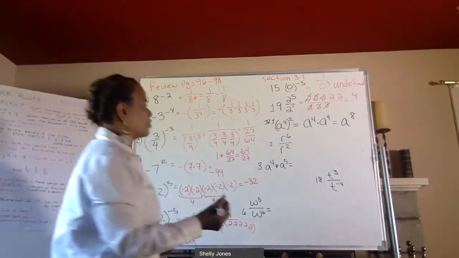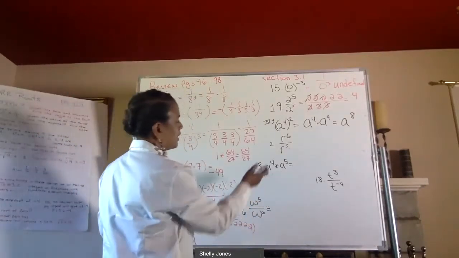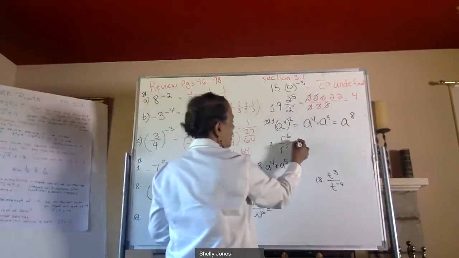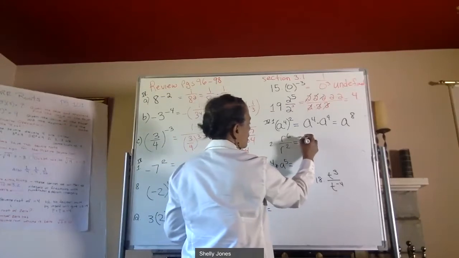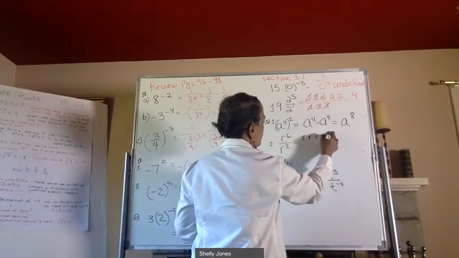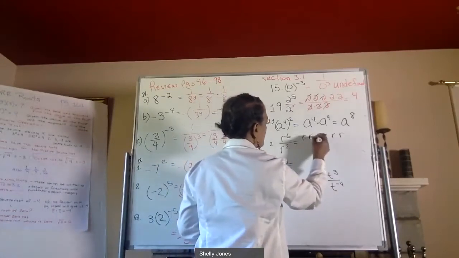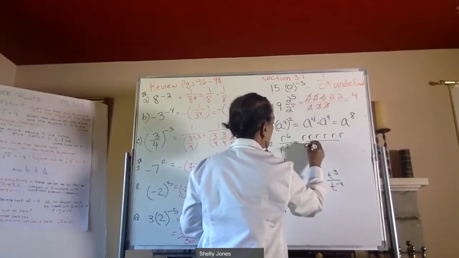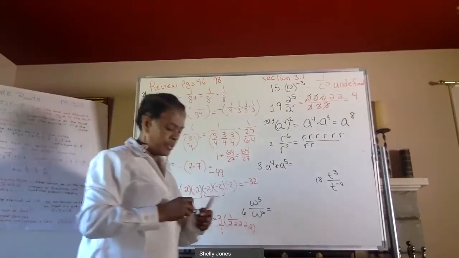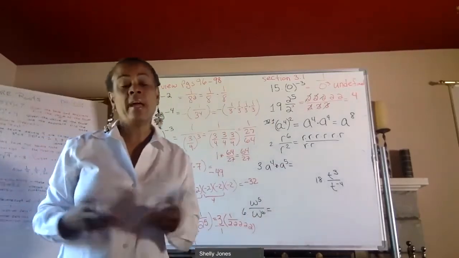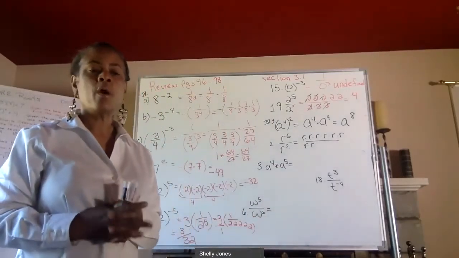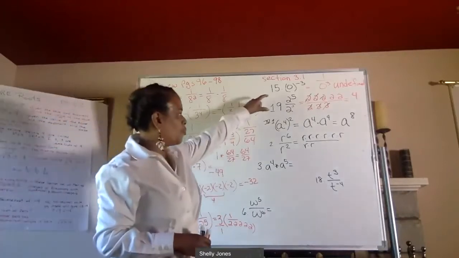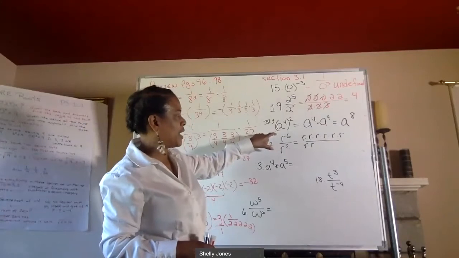R to the 6 over R to the 2. That's just like I had up here, except here I have variables. So I have 6 of those, 1, 2, 3, 4, 5, 6, and then I have 2 at the bottom. In the workbook it says, what are some patterns that you see? As soon as I saw this one, I saw a pattern.